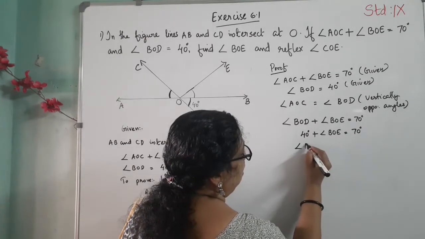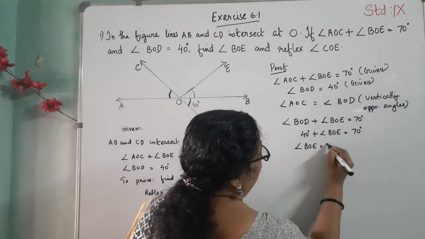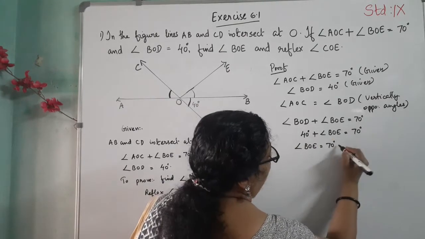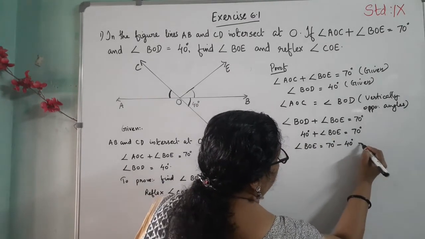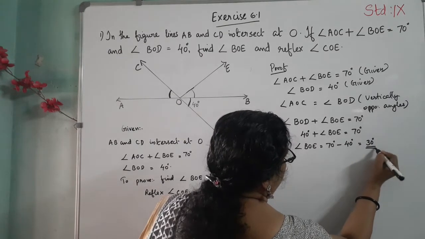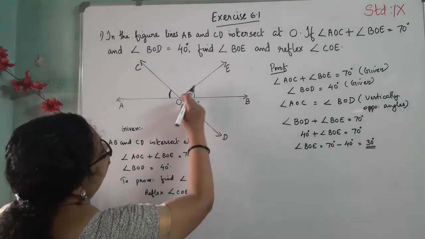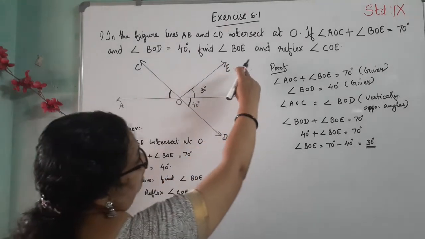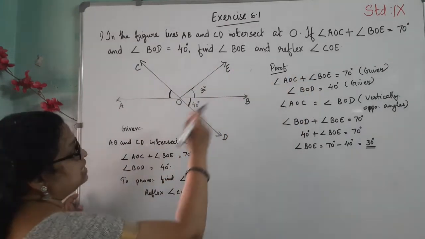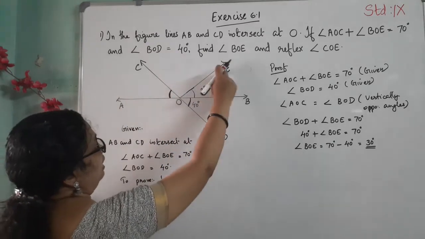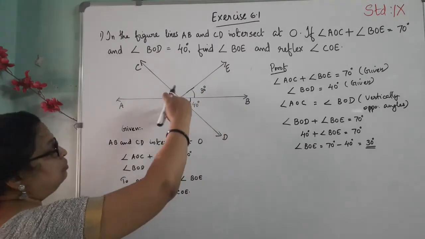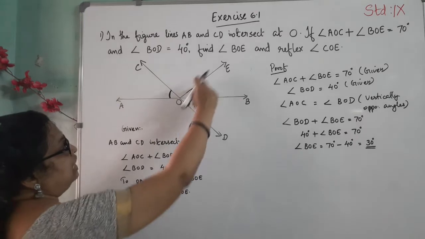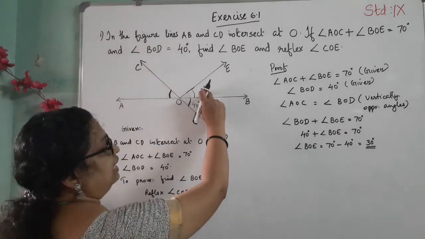From this, angle BOE equals 70 degrees minus 40 degrees, that is 30 degrees. Angle BOE we found. Then for the reflex of angle COE, we first find angle COE.